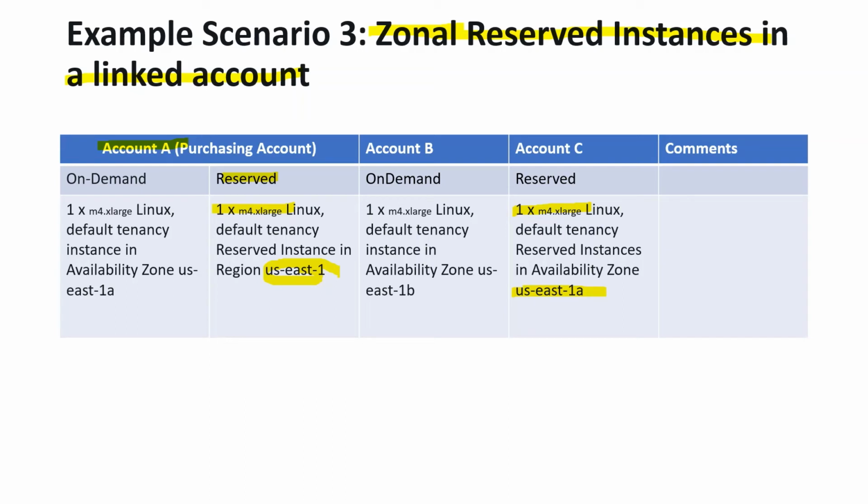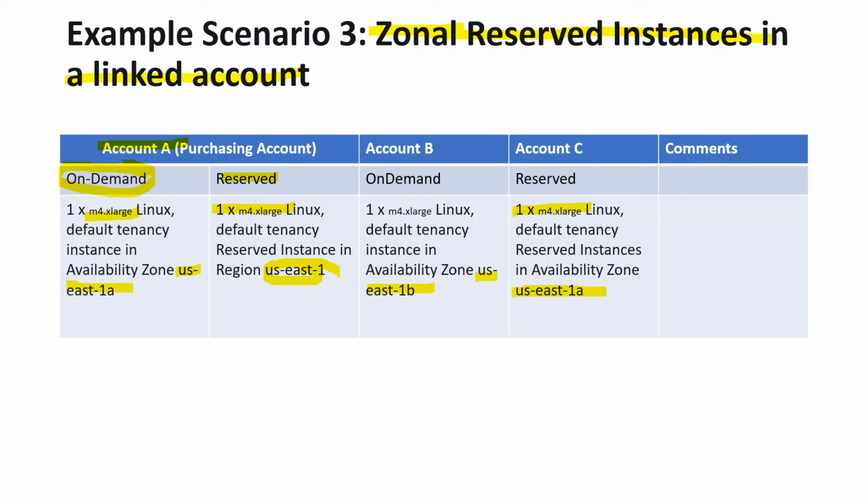Coming to on demand, there is one m4.xlarge running in availability zone US East 1A, and on account B, it's running in US East 1B. So how will the RI be applied? AWS will be very smart in applying the RIs.